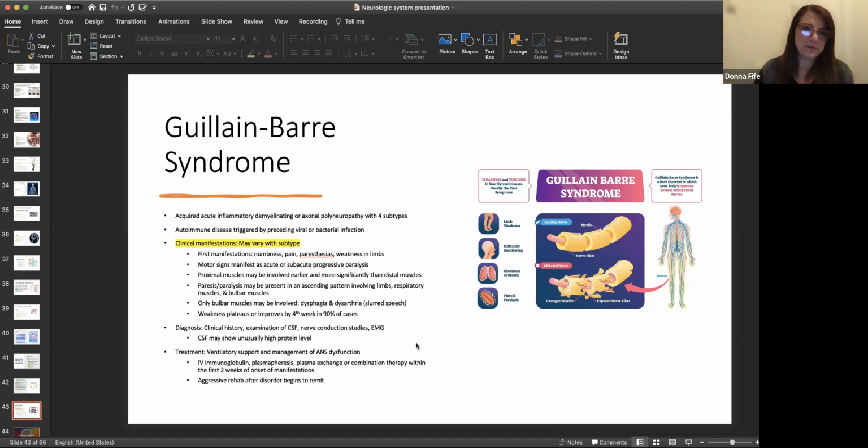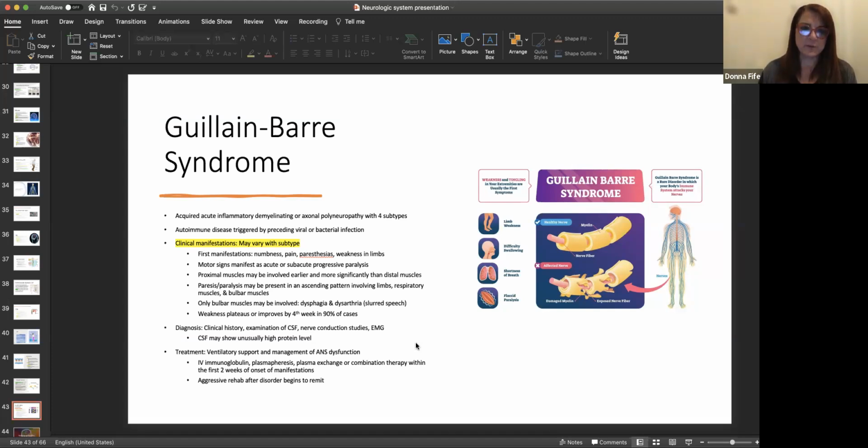Diagnosis is made by clinical history, examination of the cerebrospinal fluid, and nerve conduction studies such as an EMG. The CSF may show unusually high protein levels. Treatment, ventilatory support, because of that bulbar muscle involvement, and the patient may need management of the ANS dysfunction.